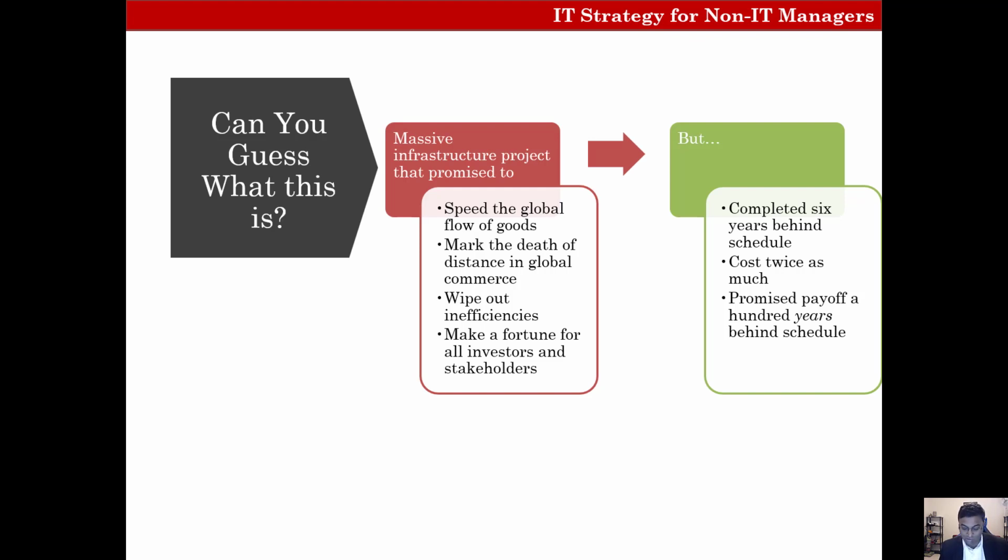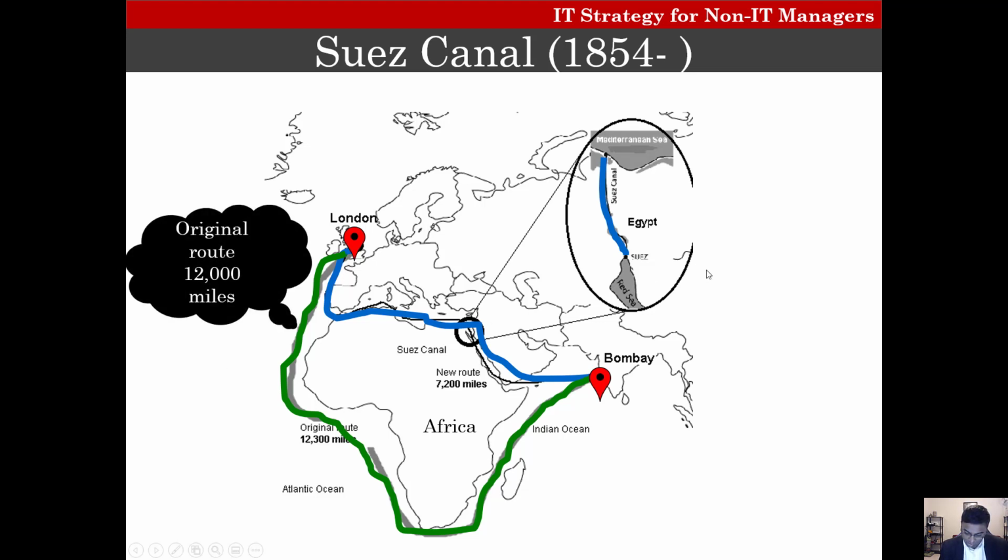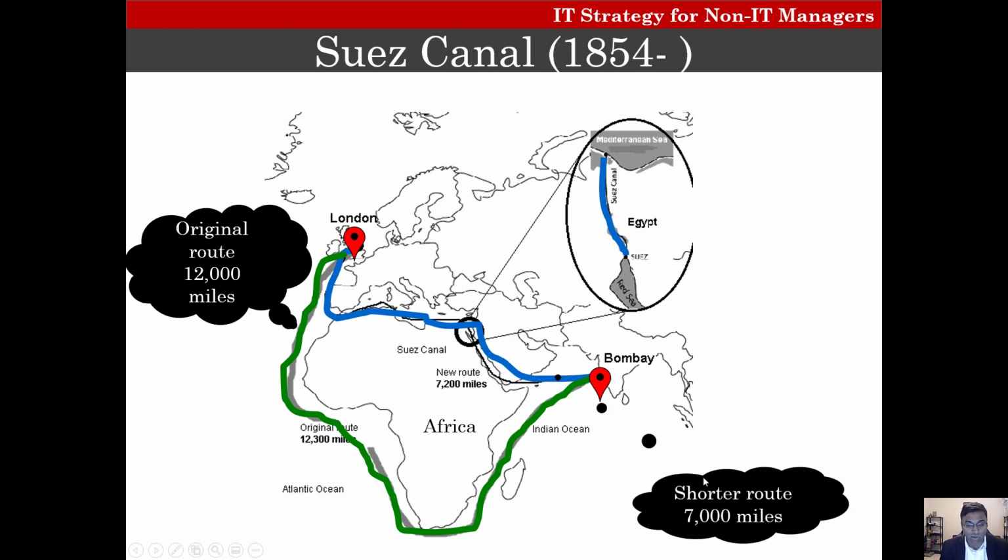And this project was the 101-mile long Suez Canal that started in 1854 and connected the Red Sea to the Mediterranean Sea. The idea was to give ships a shorter route; the original route from London to Bombay was 12,000 miles, and the route would be shortened by 5,000 miles.